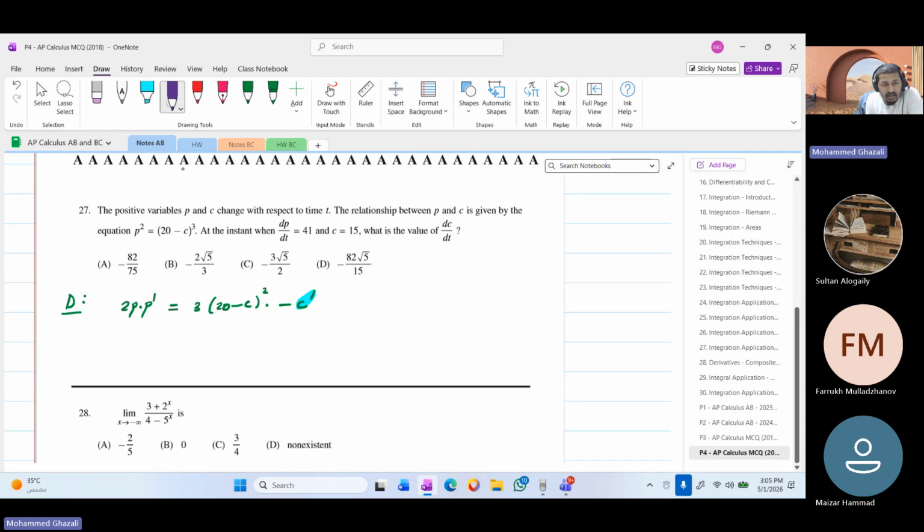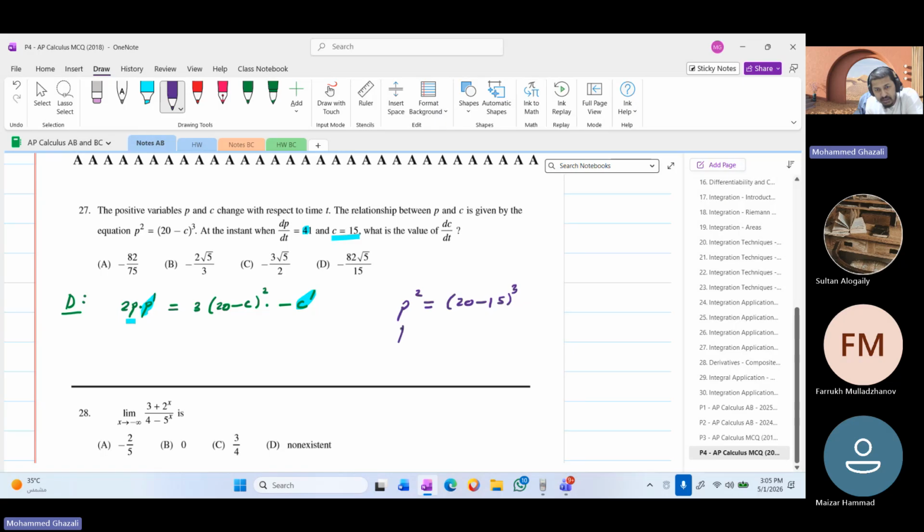Okay. So we have some values given, which means that p prime is given, which is 41. We need to solve for p at the value when c is equal to 15. So if c is 15, what is p? P squared is equal to 20 minus 15, cubed.